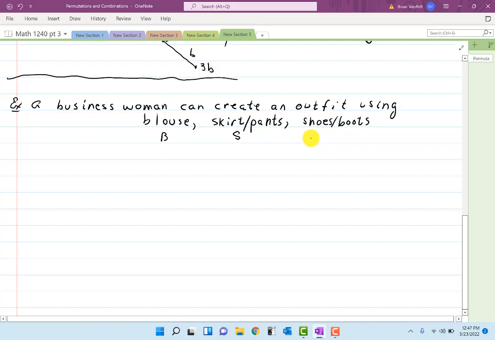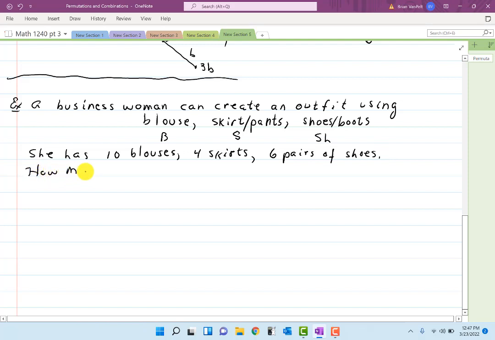This is going to be tough. Then maybe SH for shoes. Anyways, she has 10 blouses, 4 skirts, 6 pairs of shoes. How many outfits can she create?